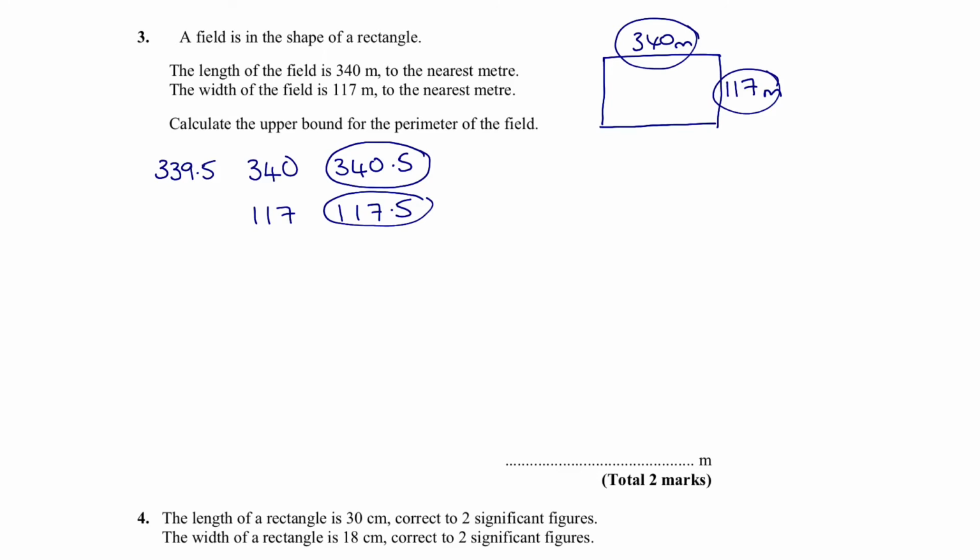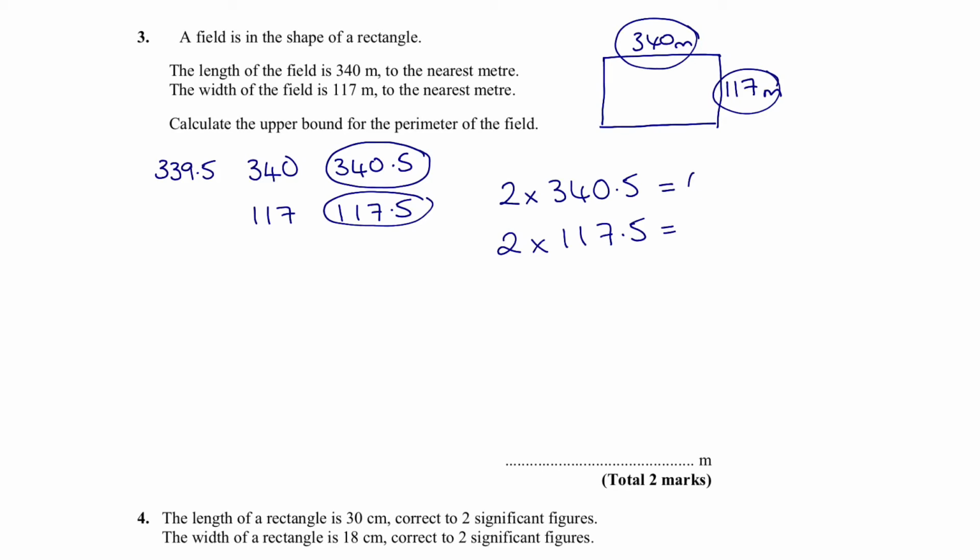Okay, so the perimeter of the field, remember, you're going to have two lots of the length and two lots of the width. So we need two lots of 340.5 and we need two lots of 117.5.